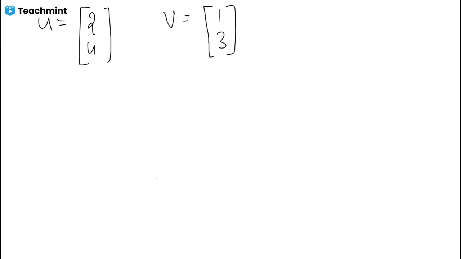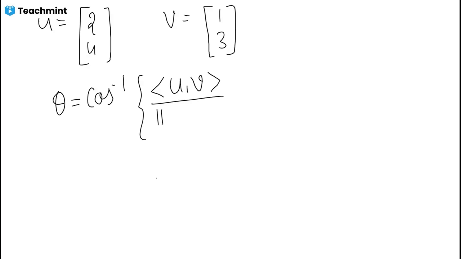So the formula is, let us find theta is equal to cos inverse of the inner product of u and v, over norm of u into norm of v.